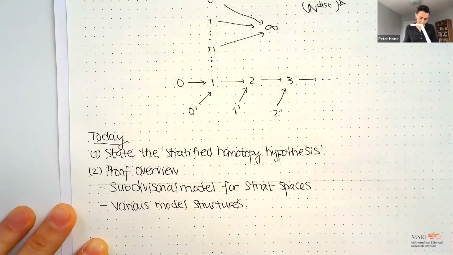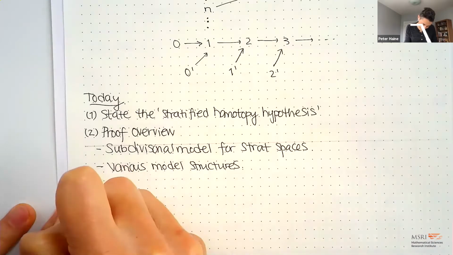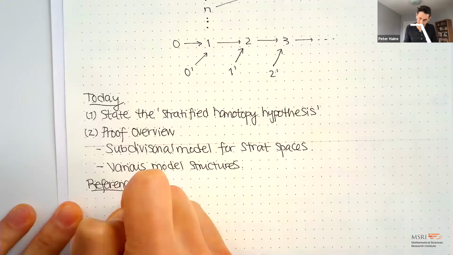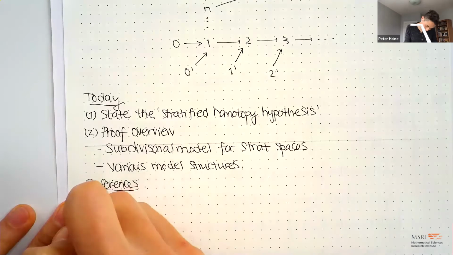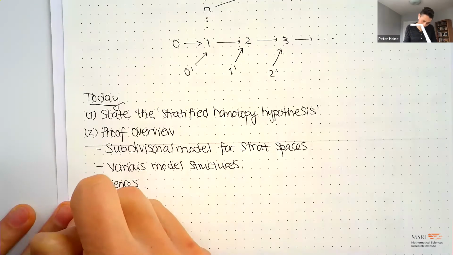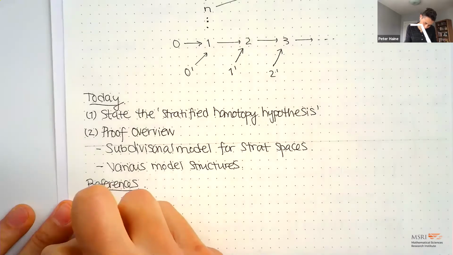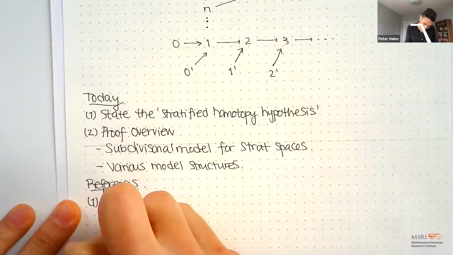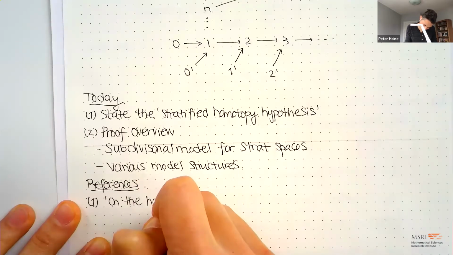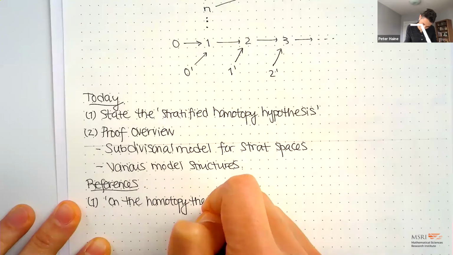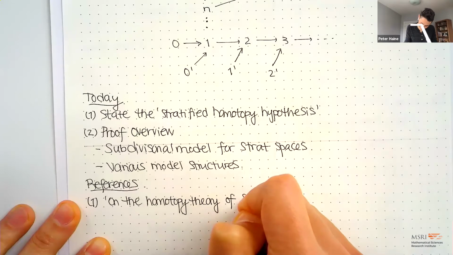And so the references for this: the thing that I'm mainly going to be talking about is my paper called On the Homotopy Theory of Stratified Spaces.